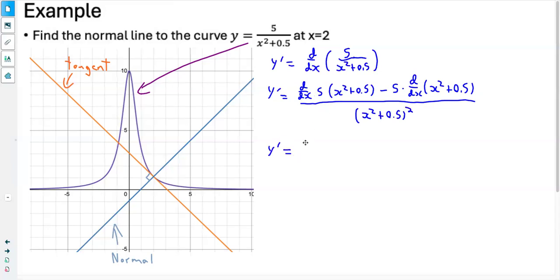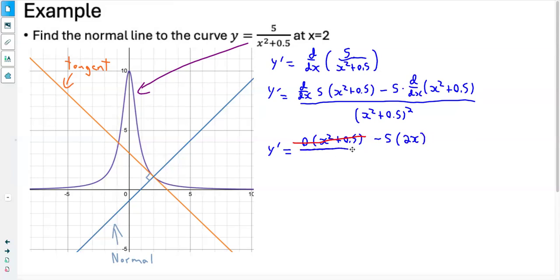So the derivative of 5 is just 0, so when we have 0 times (x squared plus 0.5), essentially this term cancels out because 0 times anything is 0. And then we have minus 5 times the derivative of x squared plus 0.5. So that would just be 2x.